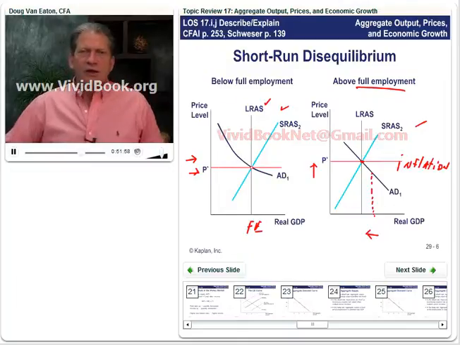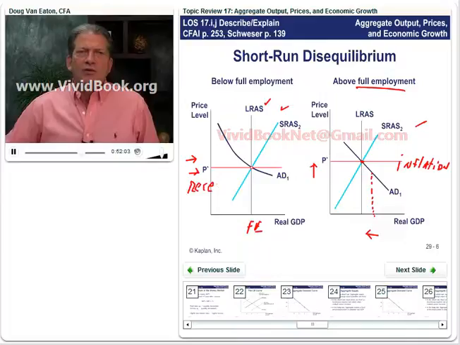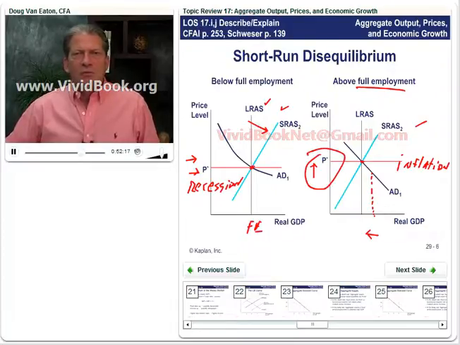On the other hand, with a recession over here, we had downward pressure on wages and other input prices, which shifted short-run aggregate supply this way as those prices fell and got us back to here. So the price level went up over here as we returned to equilibrium, and the price level went down over here.